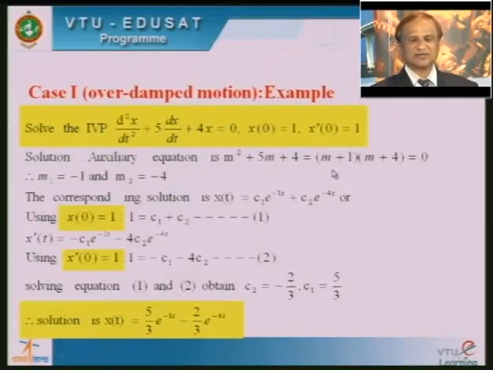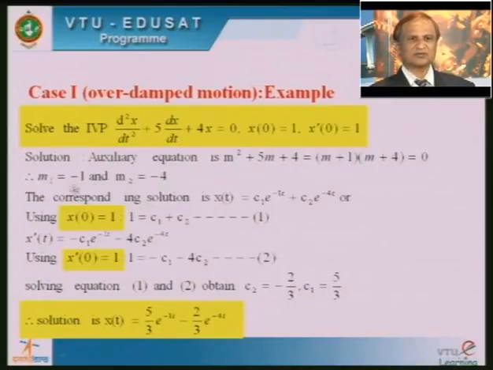From the auxiliary equation, we can obtain two factors, namely m plus 1 and m plus 4. So we will get two factors; either the first factor is equal to 0 or the second factor is equal to 0. Suppose the first factor is equal to 0, then m plus 1 is equal to 0.